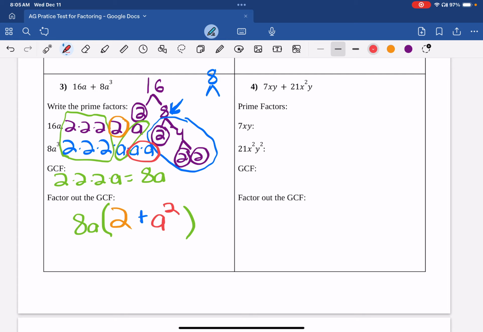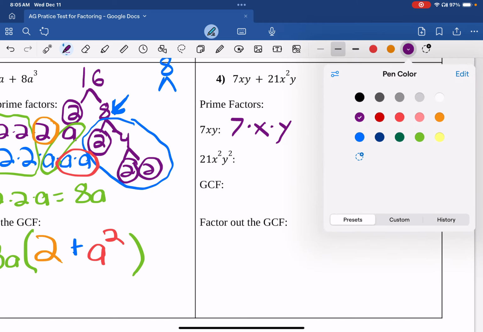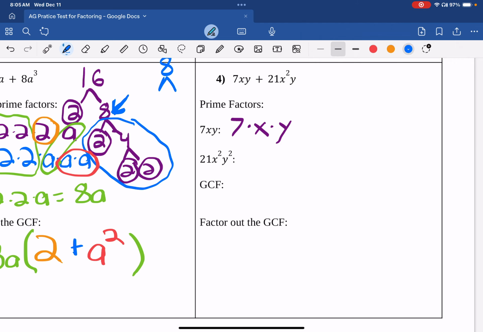Last one, number 4, we have 7xy plus 21x squared y. So we write our prime factors first. 7 is a prime number already, so we don't have any other factors for that. And then an x and a y. 21x squared y, so 21 is not a prime number, so we make a factor tree for it.